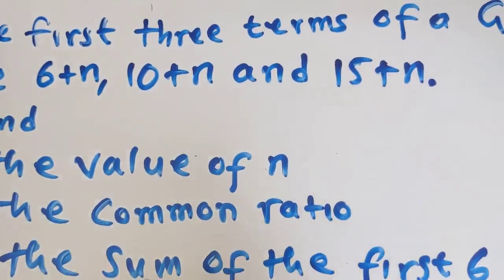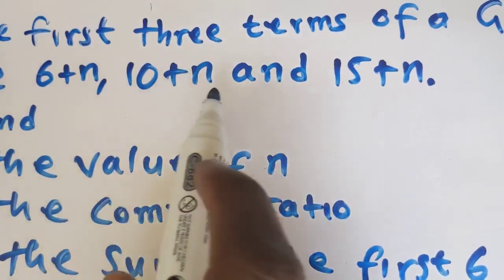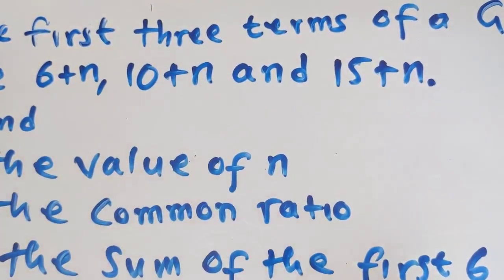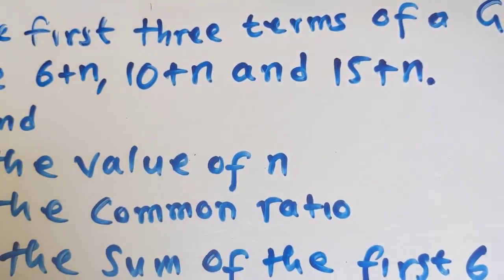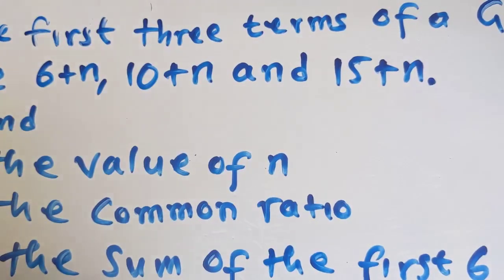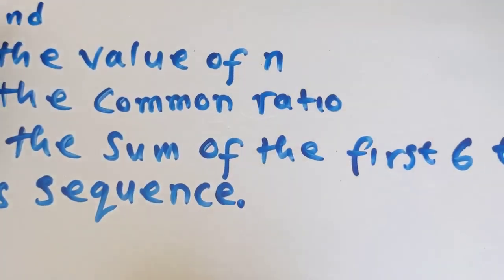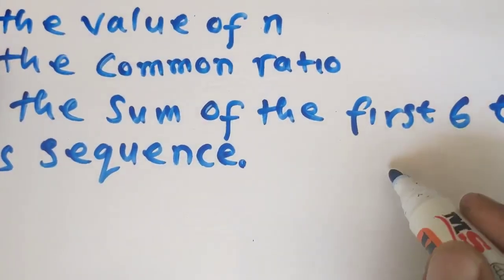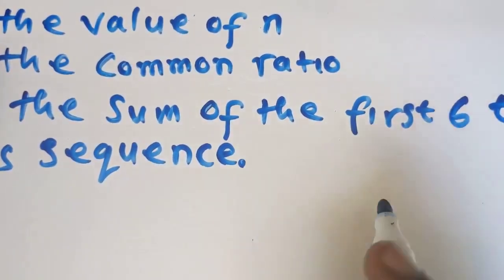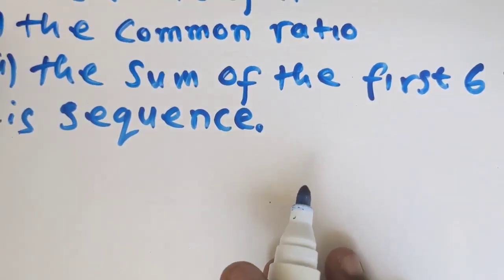So this is our first term, this is our second term, that is our third term. We only have 3 terms right here. So we are going to use the formula for the common ratio. We know that the formula for the common ratio is term 2 over term 1, term 3 over term 2.